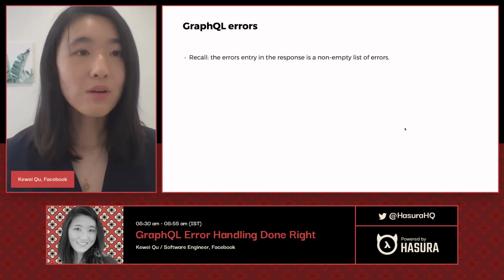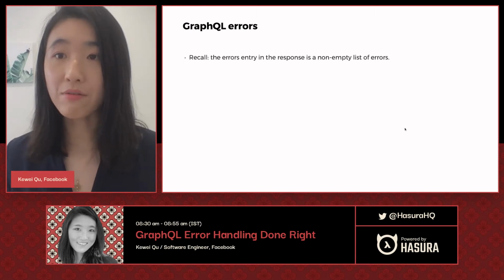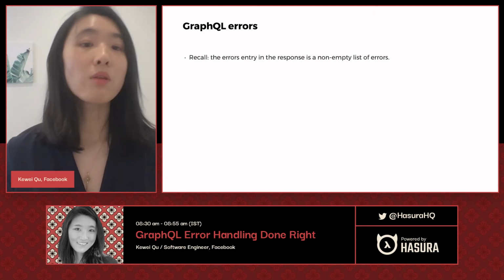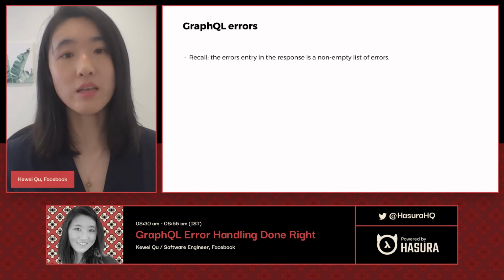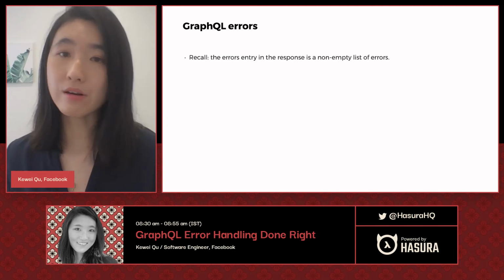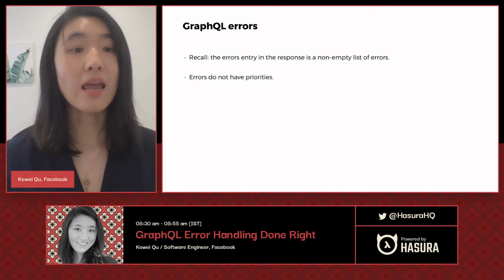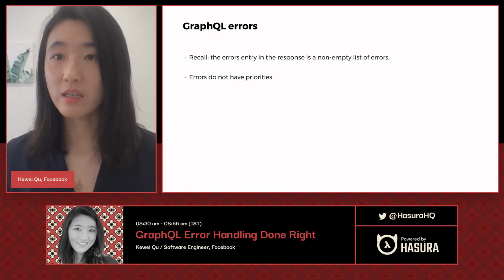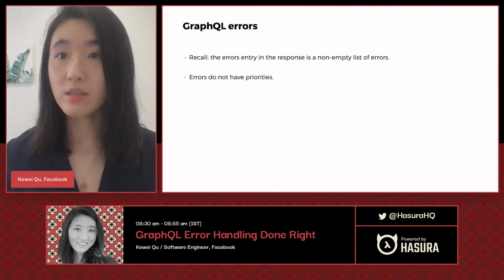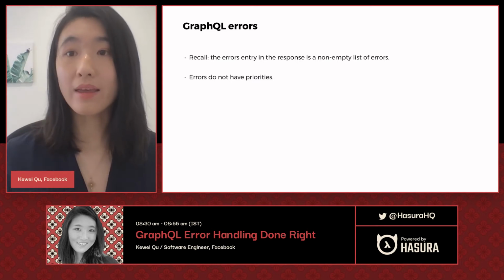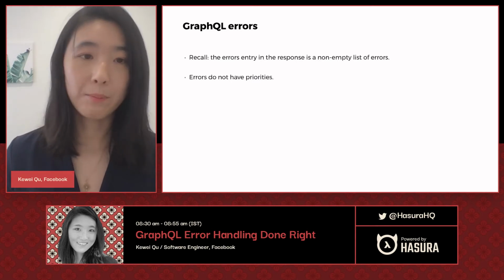So first, let's recall the GraphQL errors defined in the spec. The errors entry in the response is a non-empty list of errors. It means that errors do not have priorities. So that list of errors is not ordered by the importance of each error.